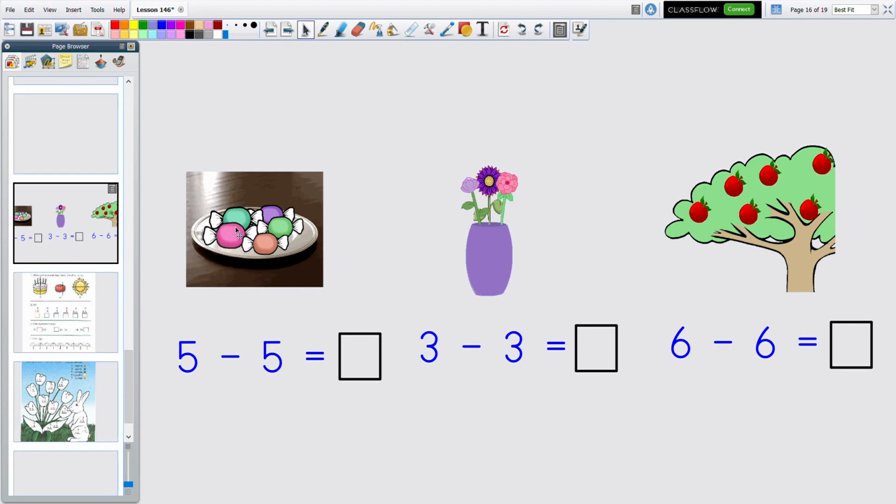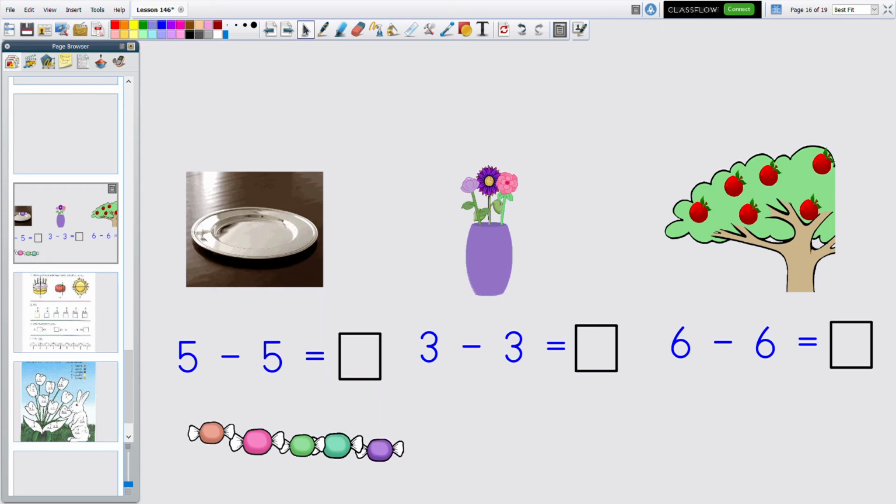So first we have to take away. We have 5. 1, 2, 3, 4, 5. So we're going to take them away and we're going to put them down here so they're not on the tray anymore. Are you ready? 1, 2, 3, 4, 5.